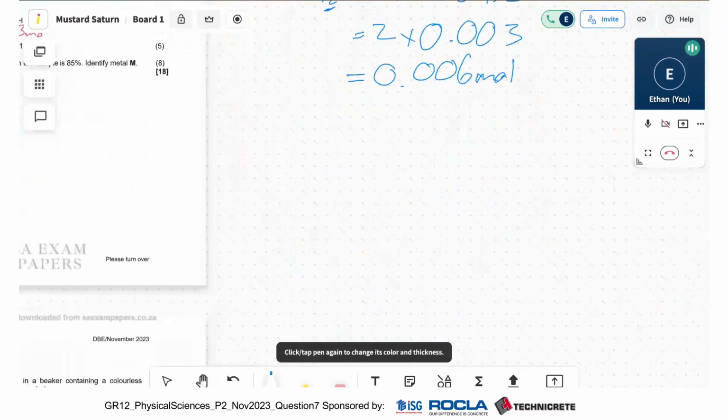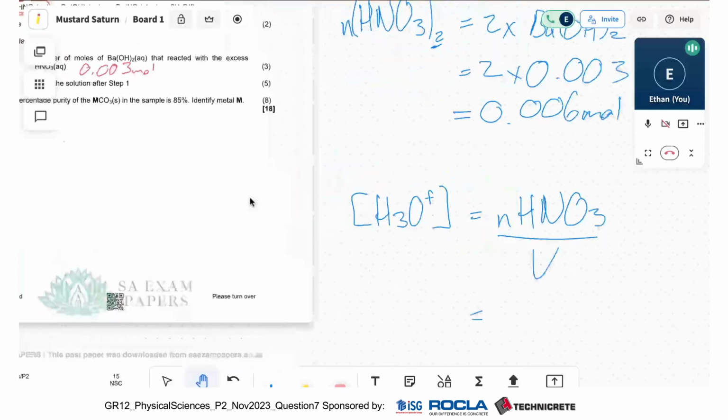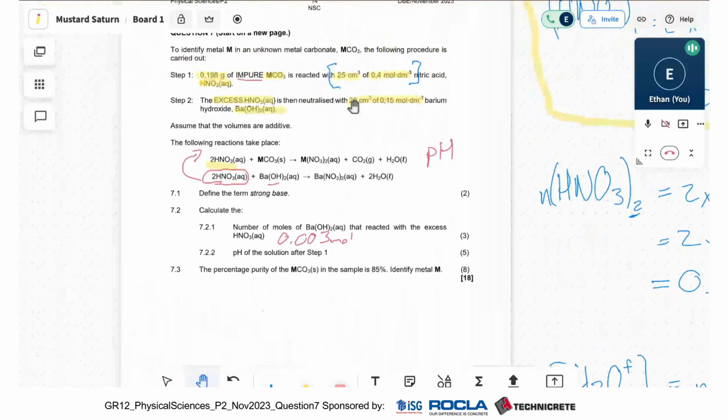What we need to realize is that the concentration of hydronium ions is equal to the moles of HNO3 over the total volume in the reaction. And it's 45 because you have 20 and then you have 25, then you add 20 again.